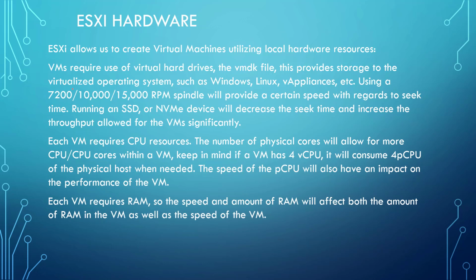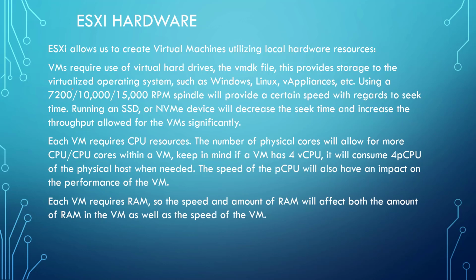Using things like 7200, 10,000, and 15,000 RPM spindles will only provide a certain speed, especially with regards to seek time. When you have spindles, the data is written to a circular device. This circular device has to spin in order for that head unit to find and read that data. And of course, moving parts take time to access.